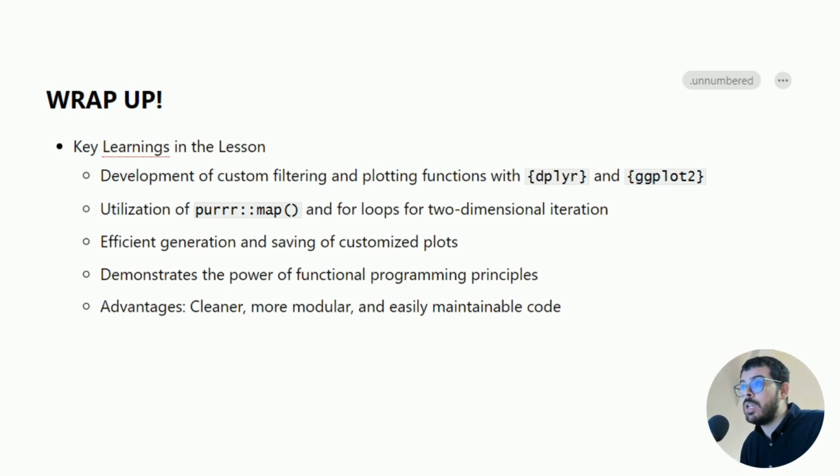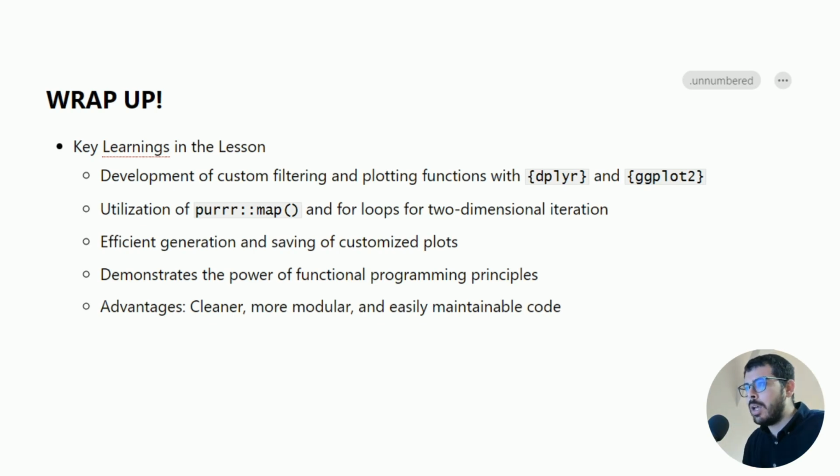And then we leveraged the map function from the purrr package from the Tidyverse to iterate the same function over various subsets and filtering in the data. We also used for loops to do that in other dimensions, as we've seen in the indicators. So we loop with the indicators, and then we map the function over multiple regions.